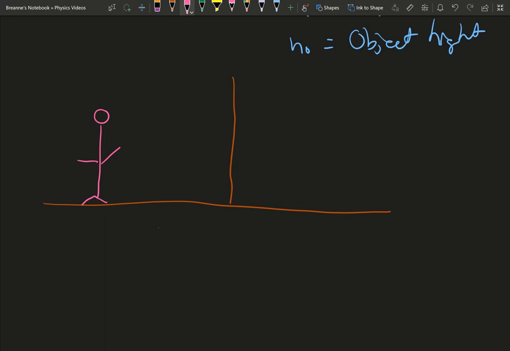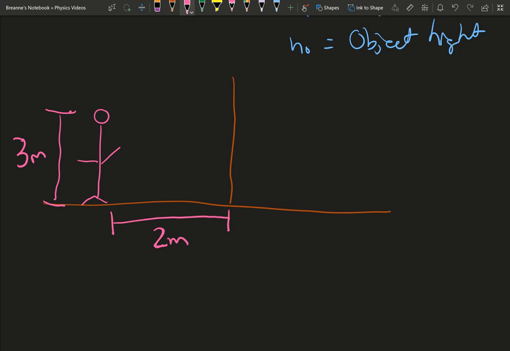If they have a height of, let's say, 3 meters, and they're standing a distance of 2 meters.